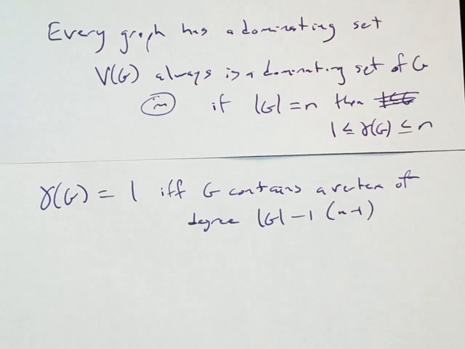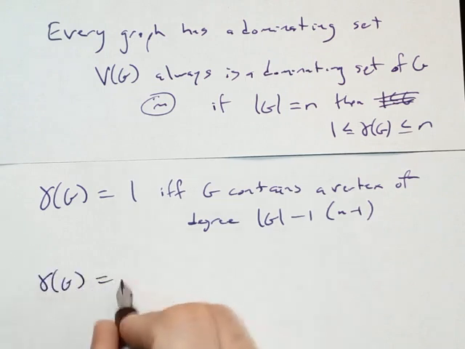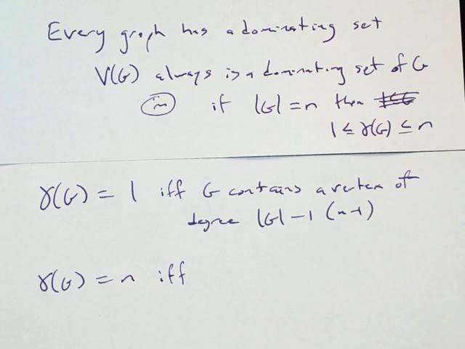Go to the other extreme. When is your domination number n? Because then every vertex can only cover itself.